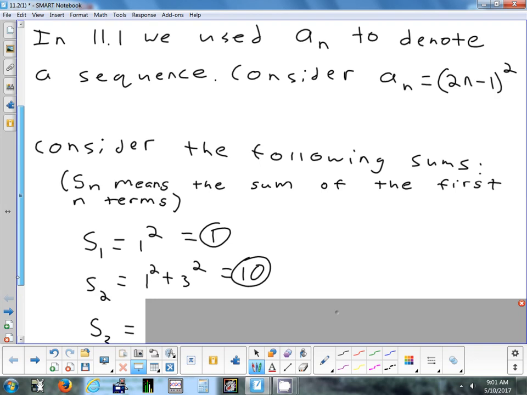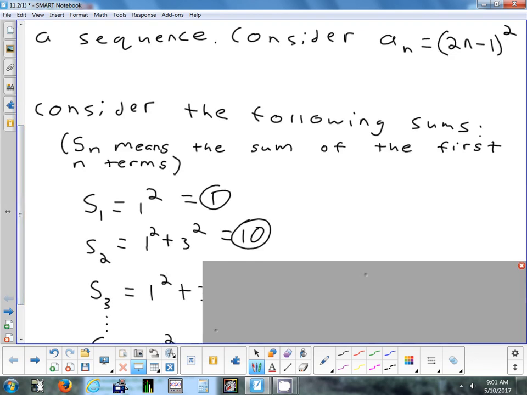Okay, let's do one more. S sub 3. Now you're going to add up the first 3 terms. Okay, so we already got the first term, we got the second term, we didn't get the third term yet. What's 2 times 3? 6 minus 1, and then we're squaring it.